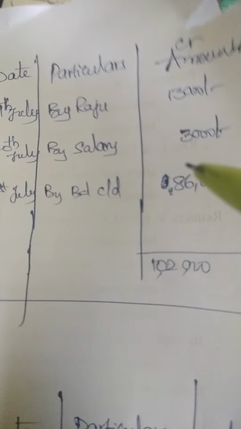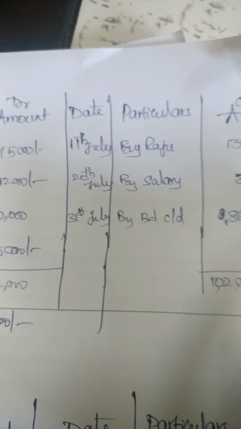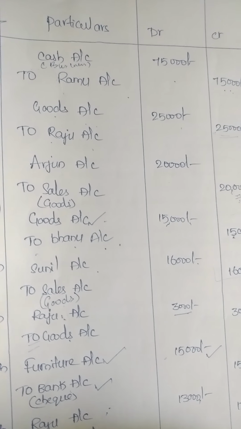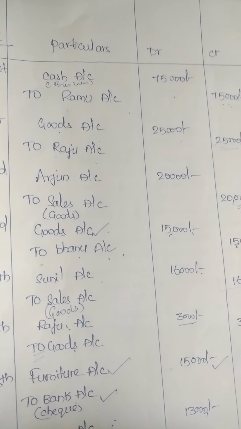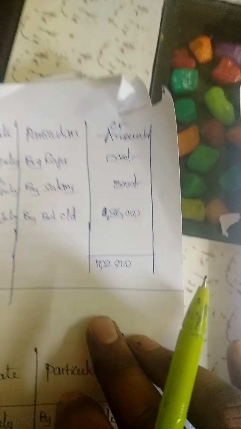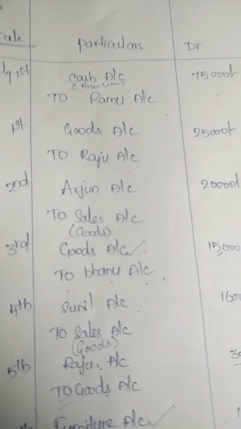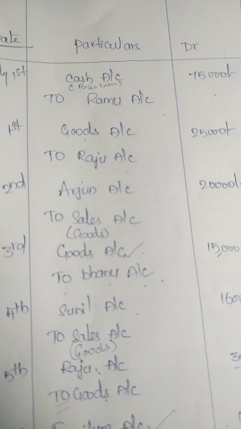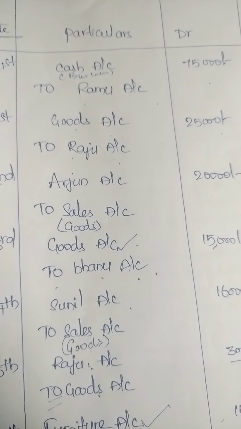Next, how to write the information under the credit side. So till now we saw the transactions using the cash account only. To write the information under the credit side, we have to check the information we have in the journal by using "to cash".